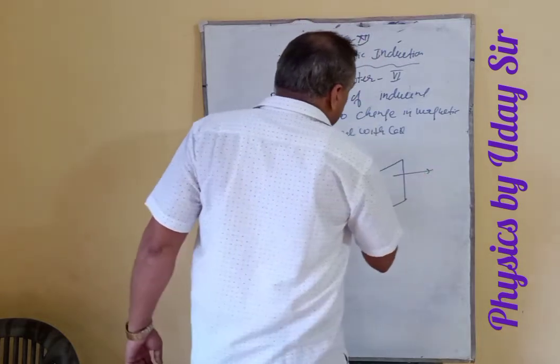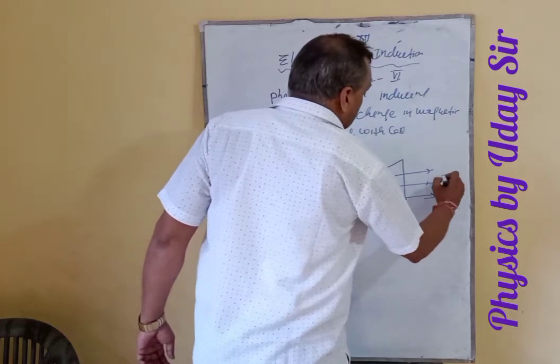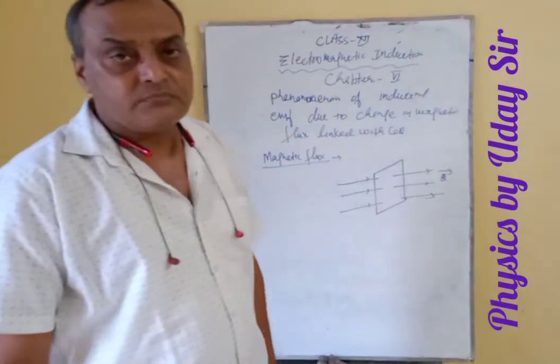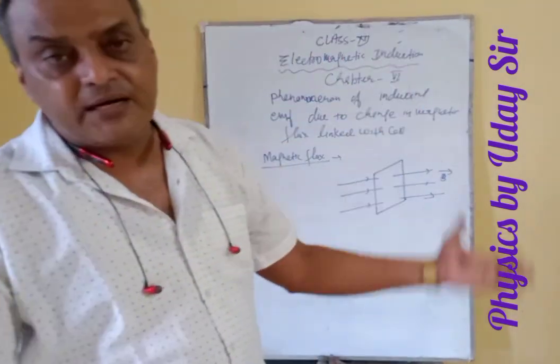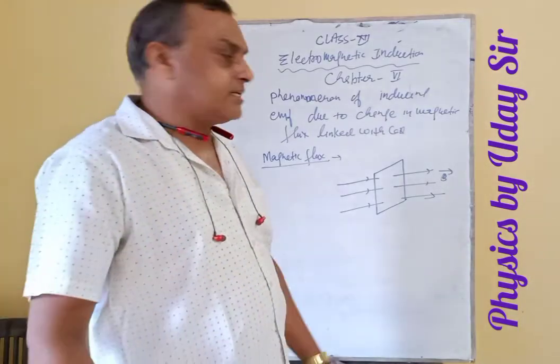Which field lines? Magnetic field lines. Suppose this is a surface, any surface. The number of magnetic field lines passing through a surface. How will it be calculated?